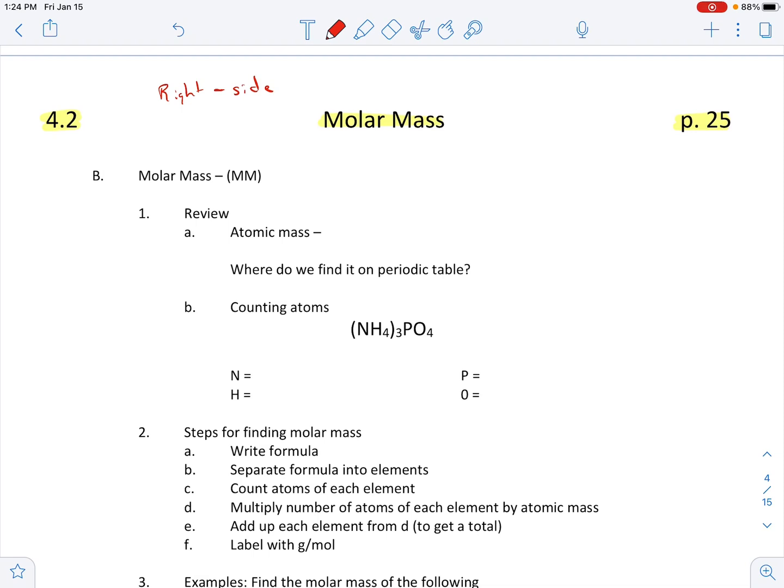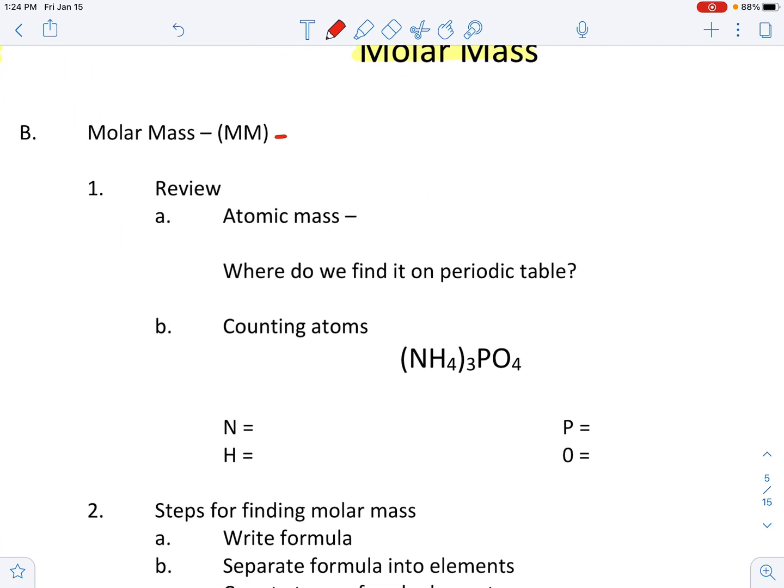All right, so here we go. Jumping right into molar mass. Molar mass is abbreviated MM, and it's the amount of a substance in 1 mole. In chemistry, we need to relate apples to apples, if you will, just like if we were comparing speed limits.